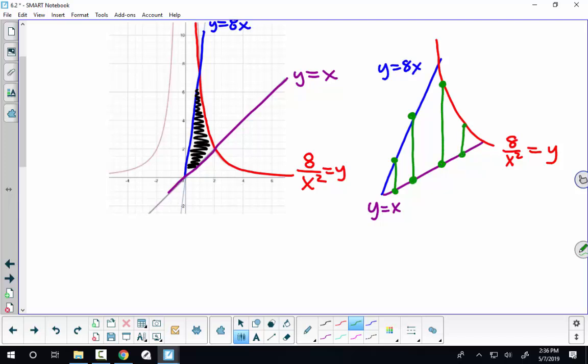Yeah, so in one part, the top is 8x, so top minus bottom is 8x minus x. But then when we get over here, the top is 8 over x squared minus x.